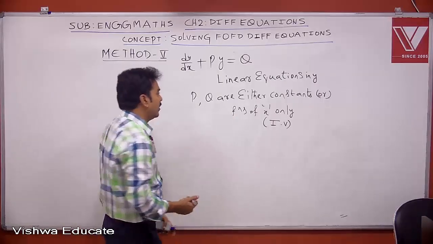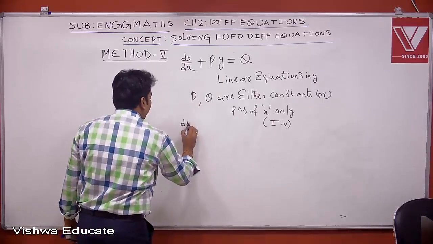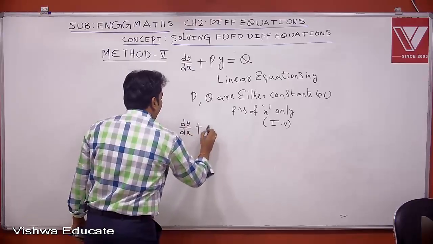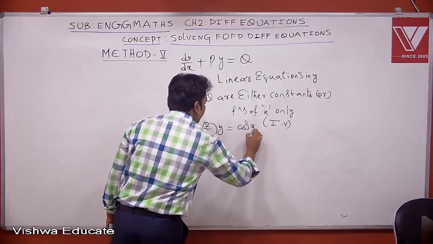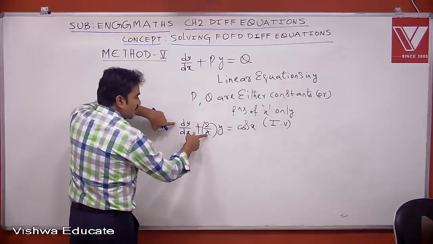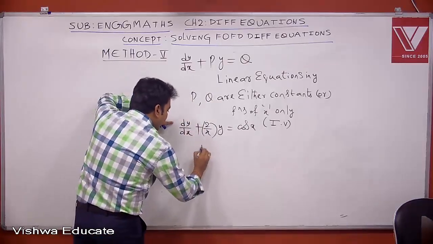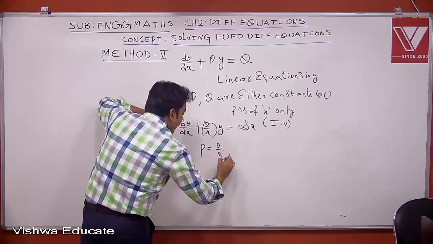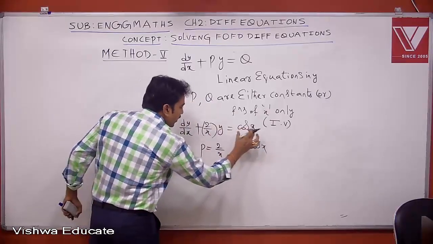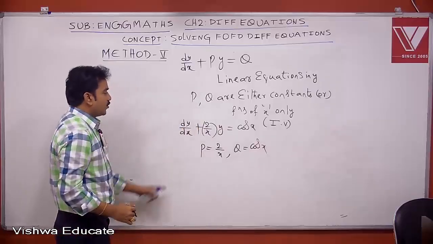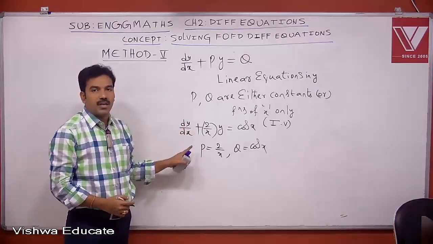I will give an example. Suppose the equation is dy by dx plus 2 by x into y equal to, for example, cos x. Probably we have seen this example earlier. Now in this case, what is p? p equal to 2 by x, q equal to cos x. This is a function of x and this is a function of x. So this is called a linear equation in y.